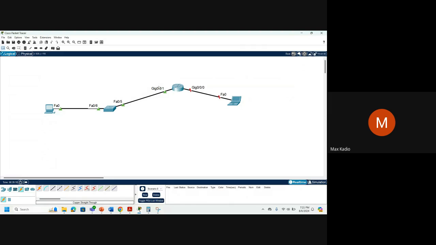Okay, so we did configure this part. We put here LAN A. And this guy is a PCA, PCB, Switch 1 and router 1.